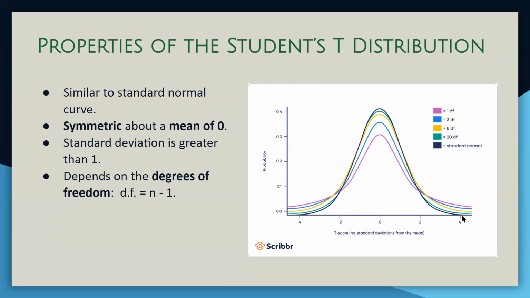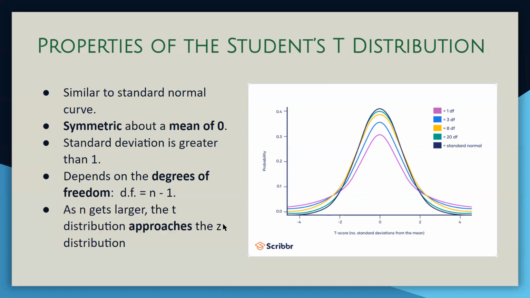And then you can see that darkest line, that dark blue, is the standard normal. And you'll notice that the bigger the degrees of freedom get, the closer that student t-curve gets to the standard normal. So as n gets larger, the t-curve approaches the z-curve.